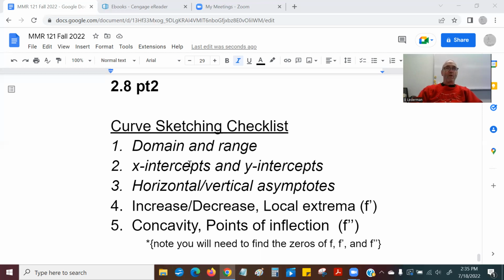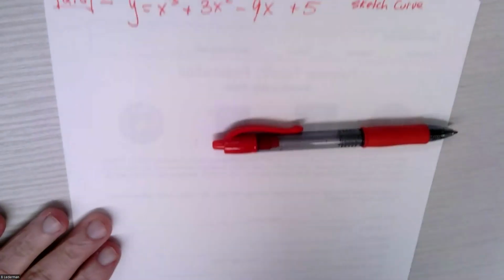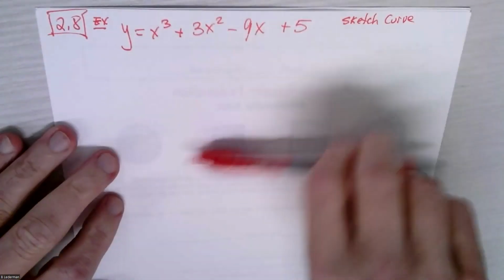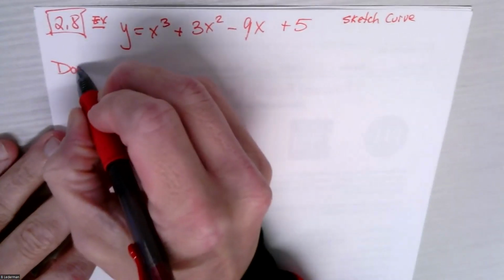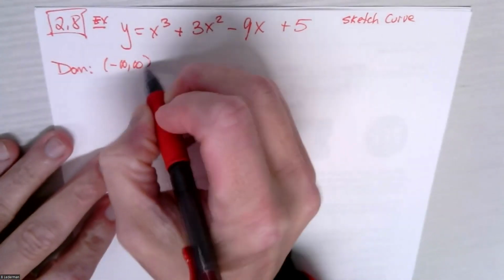So we're looking now at the function y equals x cubed plus 3x squared minus 9x plus 5. Since this is a polynomial, the domain is all real numbers, so negative infinity to positive infinity.